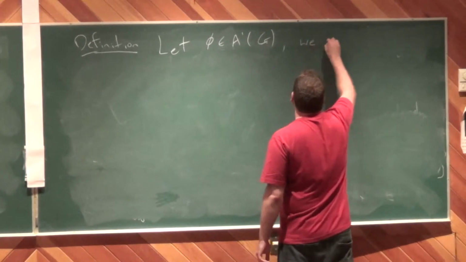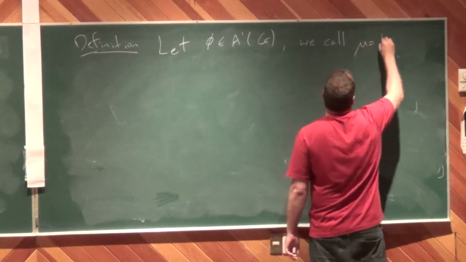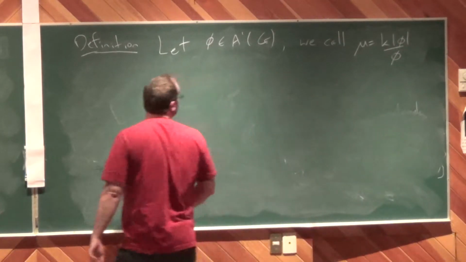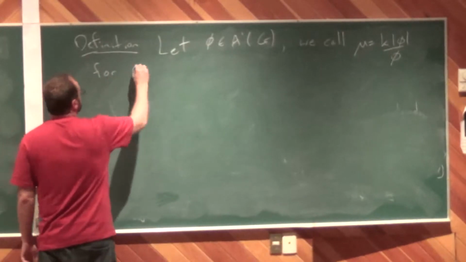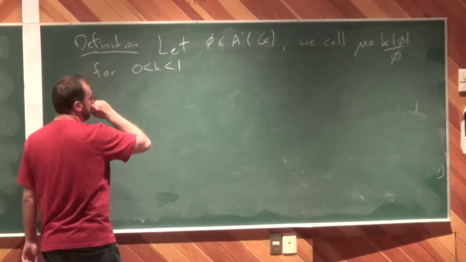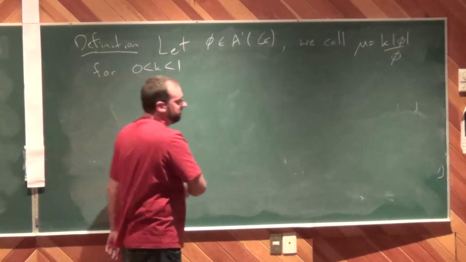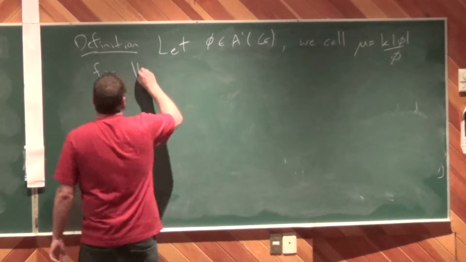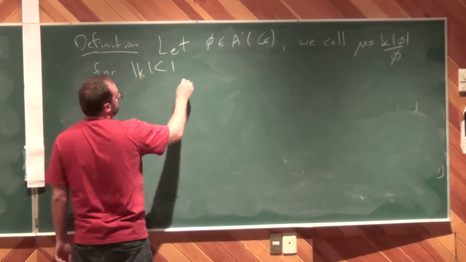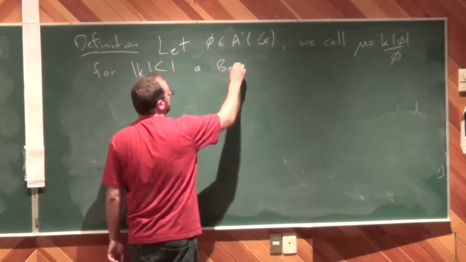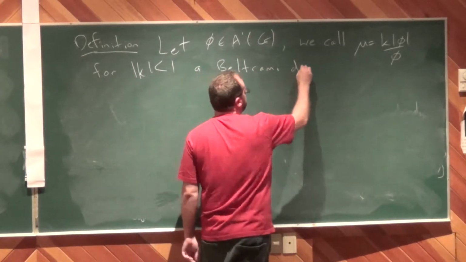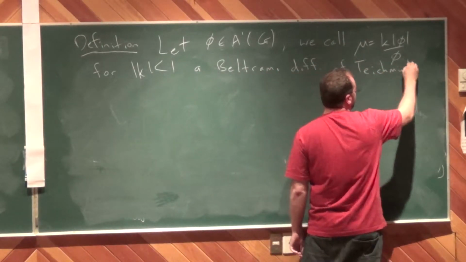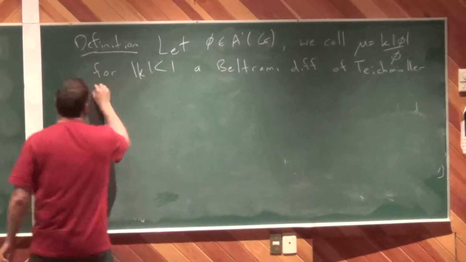Then we call mu equals k times the absolute value of phi over phi, for k between 0 and 1, a Beltrami differential of Teichmüller type.